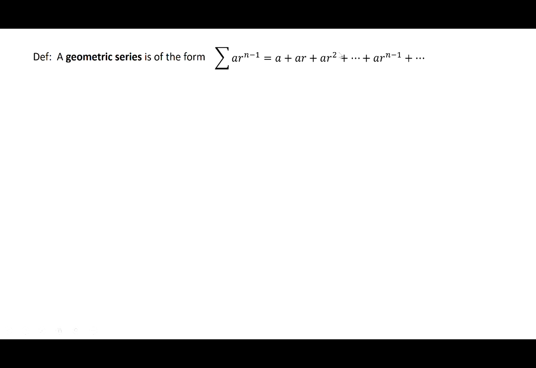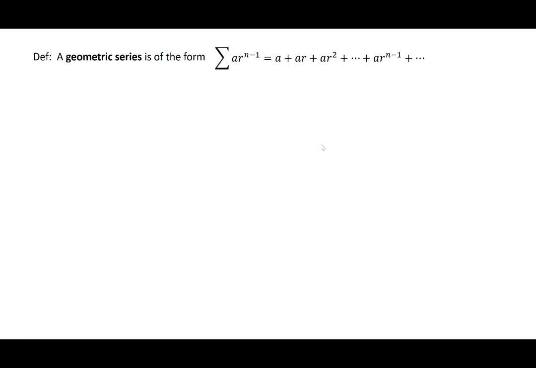And to get the next term, multiply this AR squared by another R, you get AR cubed, and so on. And also it turns out that the nth term is AR to the n minus 1, and you continue like that. So that is a geometric series.